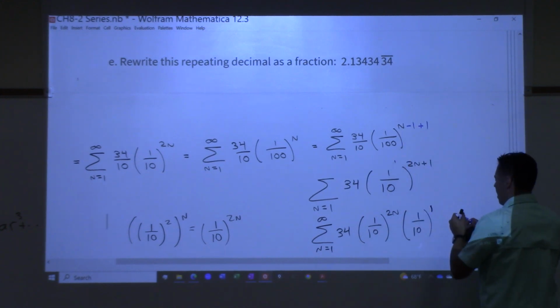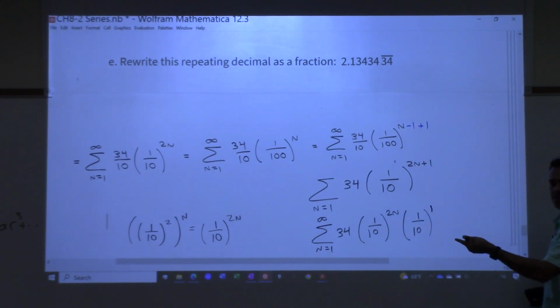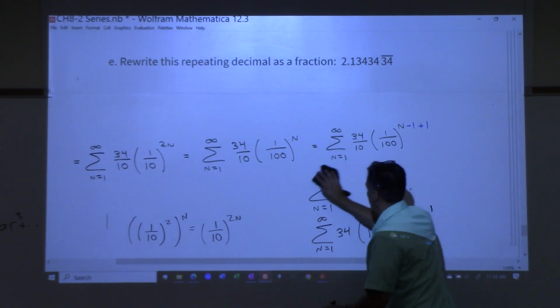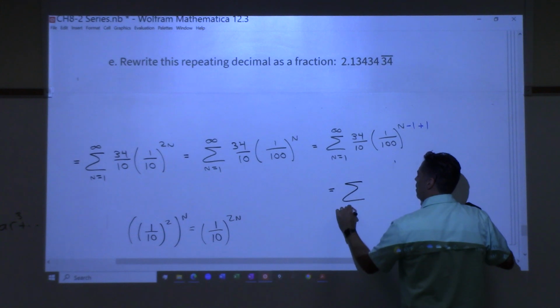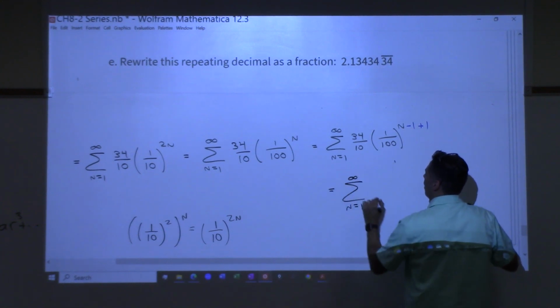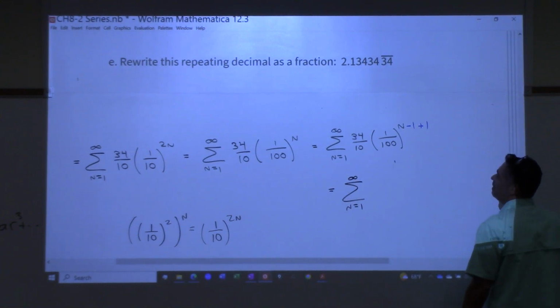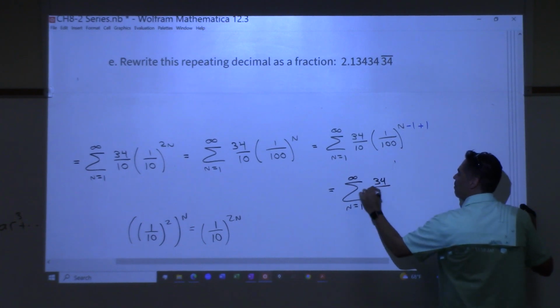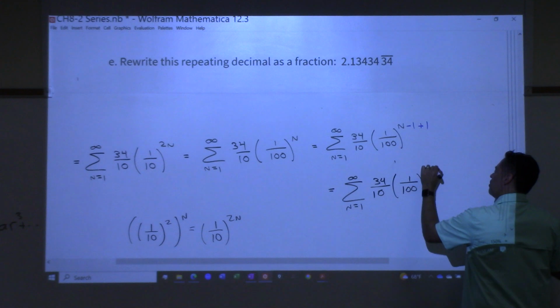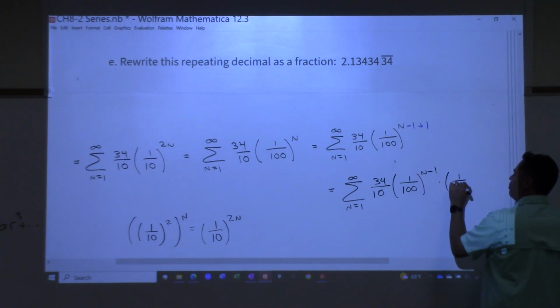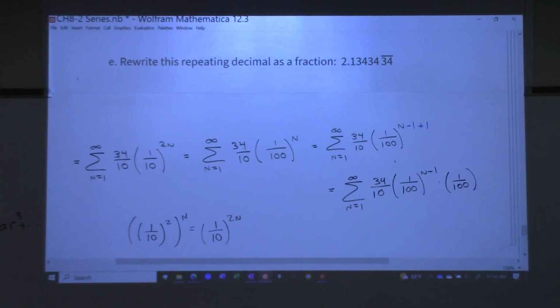You don't have to show that step if you don't want to. You could just go to the next step, but I'm showing it here. So this is the sum from n equals 1 to infinity of 34 over 10 times 1 over 100 to the n minus 1 times 1 over 100. Take that, move it over here.